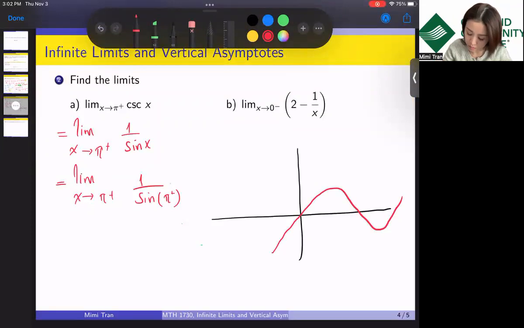That's roughly a sine graph. At pi, sine of pi is 0, right? But we want to approach this pi from the right. Just go closer and closer to pi from the right. What does it look like?